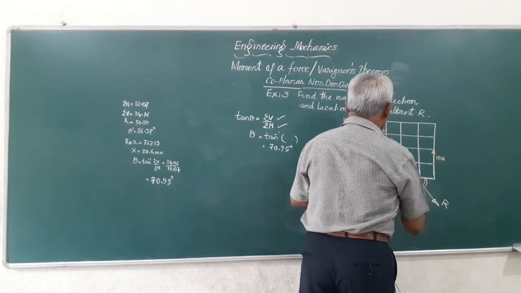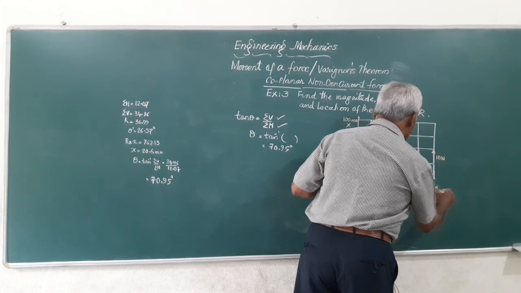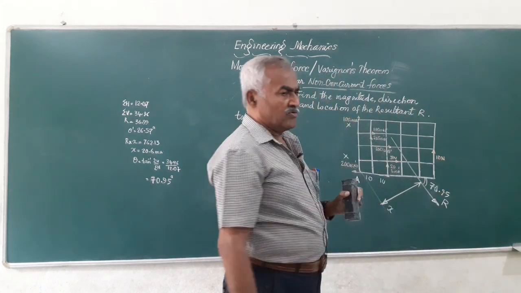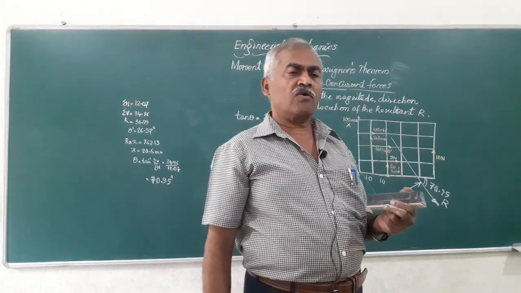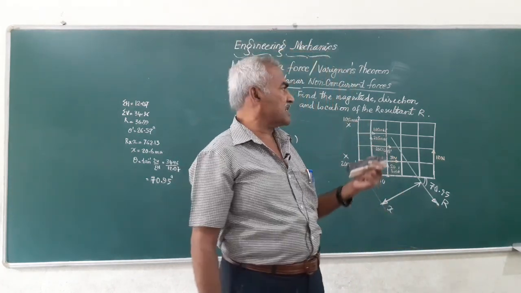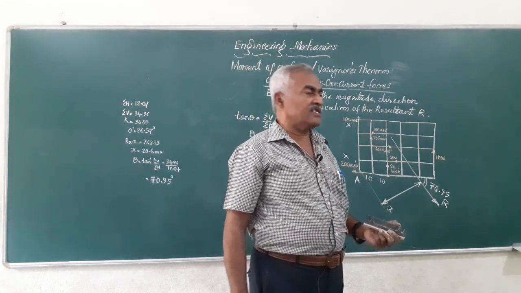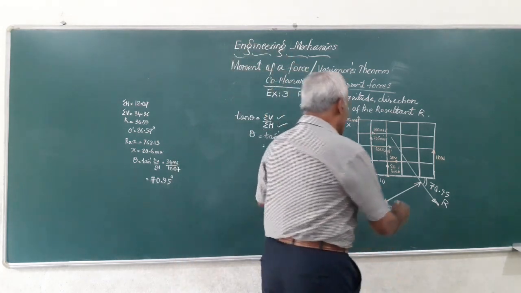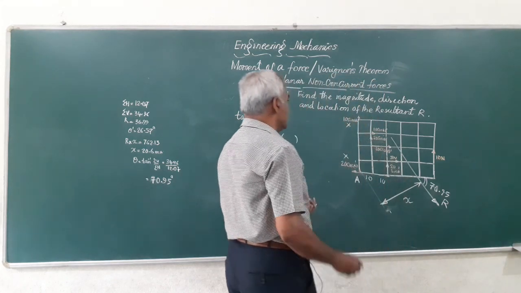This angle has to be 70.95. So friends, in this problem we have calculated the magnitude of the resultant of all the forces acting on the grid, the inclination of the resultant, and also the distance at which this load is acting, that distance which you call as x.